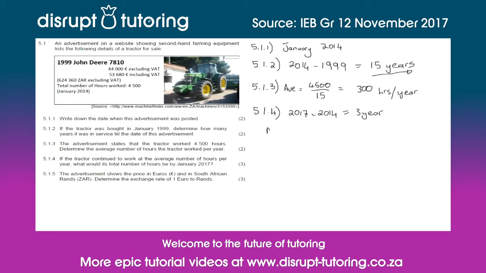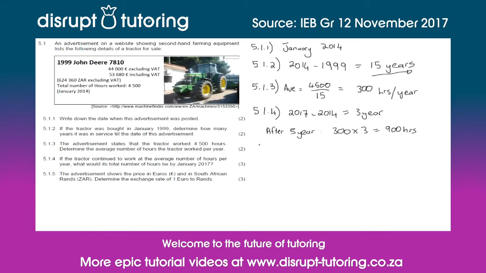So after 3 years, it's going to have worked the 300 hours per year times 3, which equals 900 hours.